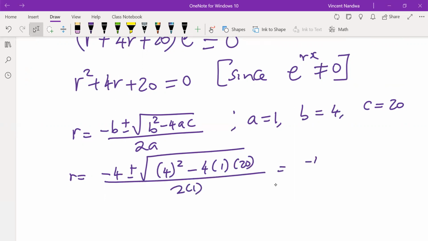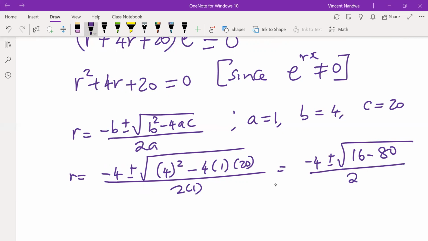So it will be minus 4 plus or minus square root. 4 squared is 16. 4 times 20 is 80. And then over 2. So 16 minus 80, we get minus 64.